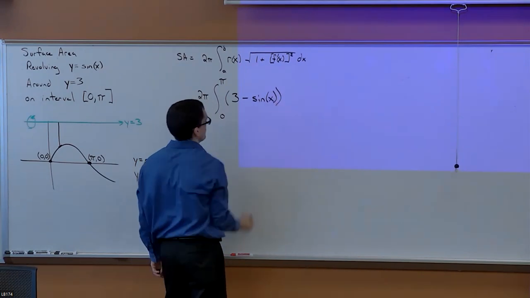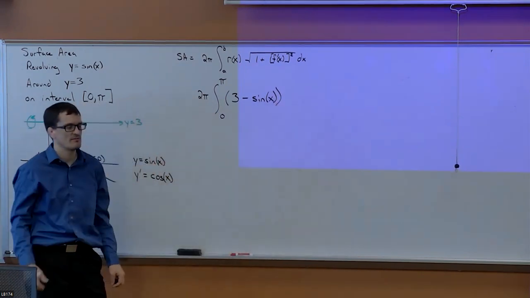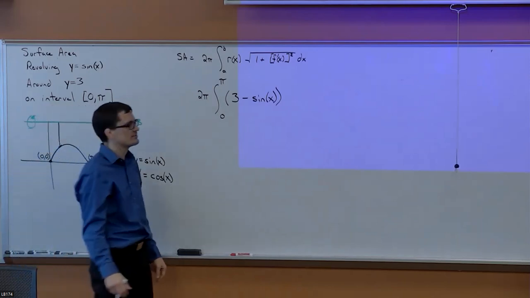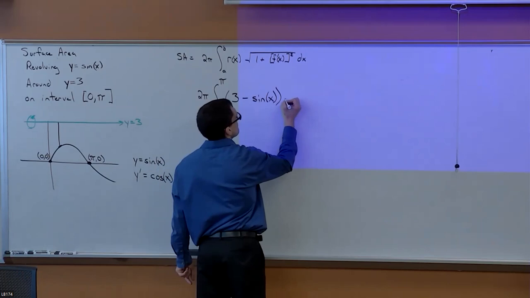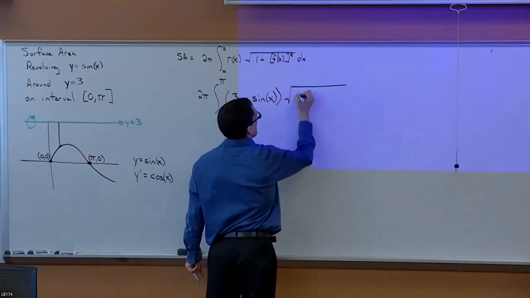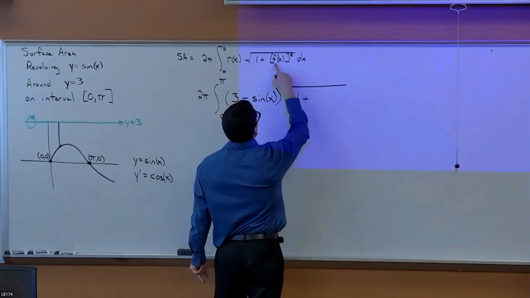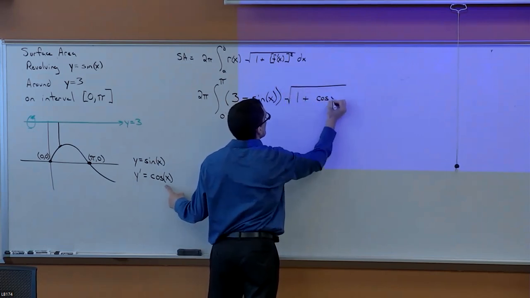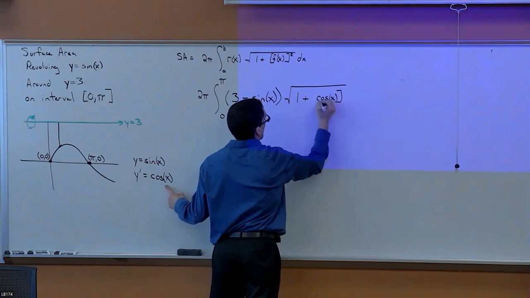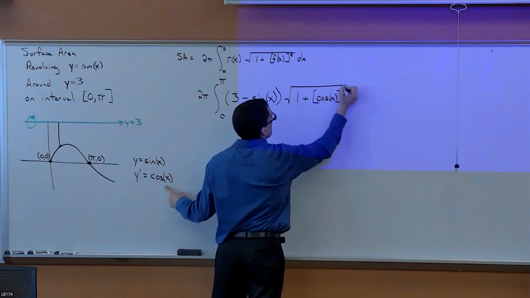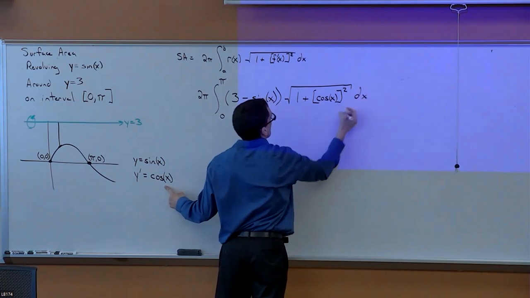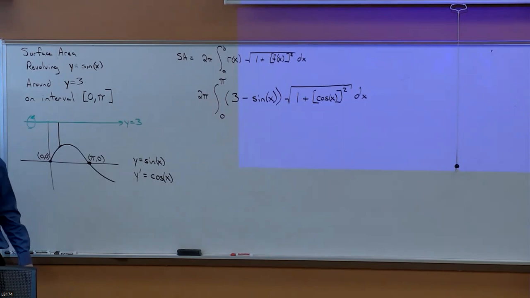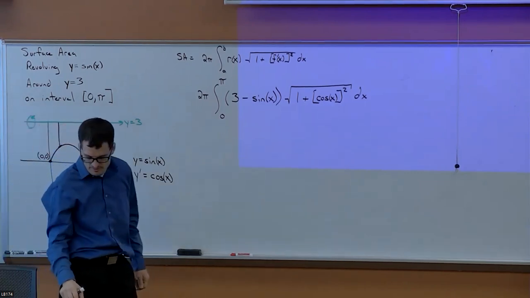If you do sine of x minus 3, you just get the opposite of the surface area that we were looking for. So that's the radius. The derivative of my curve is cosine. So I'm going to take cosine of x squared plus 1 all underneath that square root. And that's the setup.